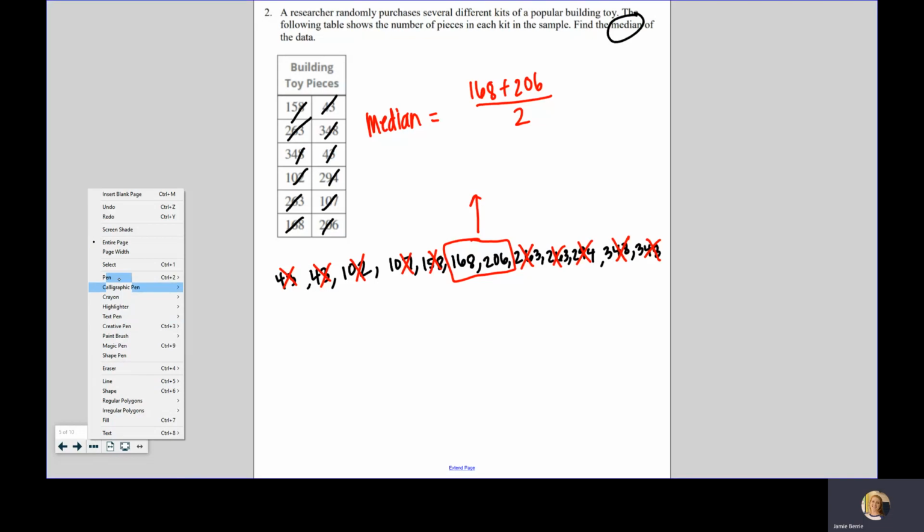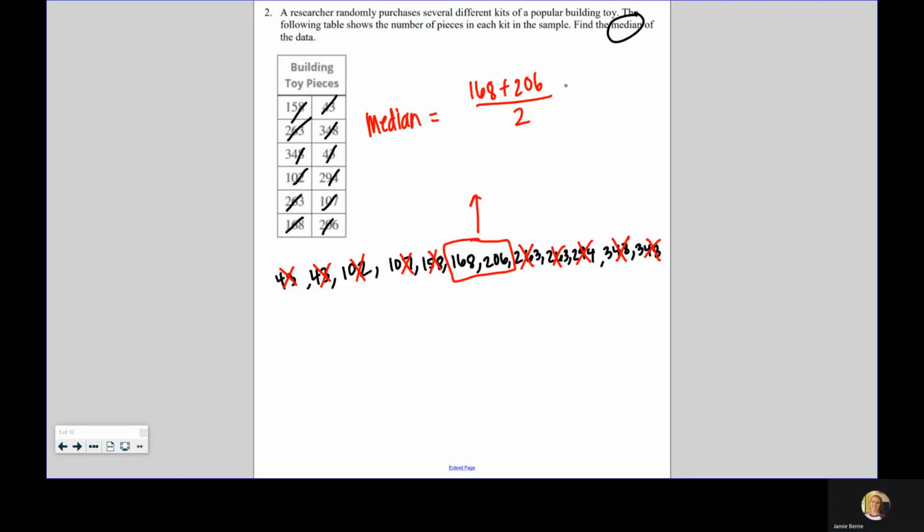So 187. All right, so again, sometimes you'll end up with two data values in the middle, in which case you just find the average of those two. If you end up with just one data value in the middle, super easy, that's just the median.